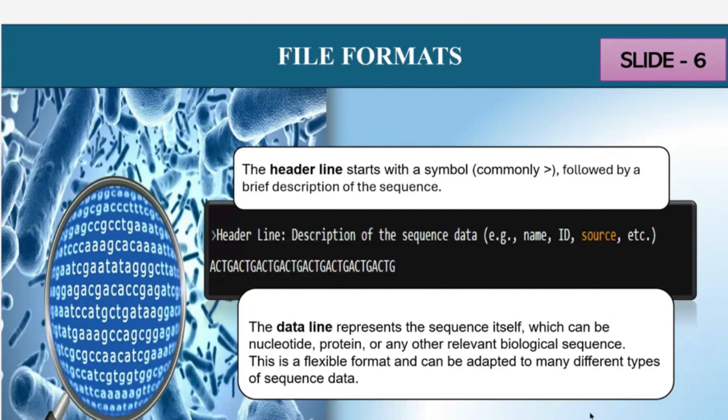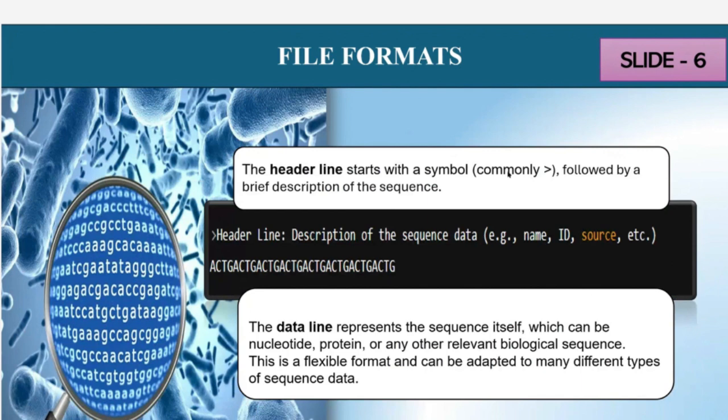This is one of the examples of a common sequence format. Here you can see that there is a black colored image which contains a header line starting with a greater than symbol and a second line with some nucleotide bases. This is an example of a sequence file format. Here the header line starts with a greater than symbol.